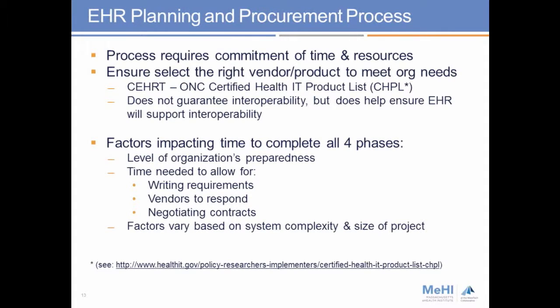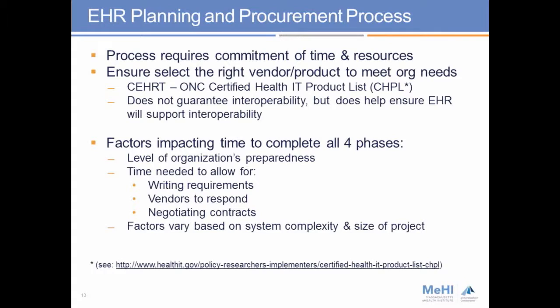Planning and procurement of EHRs is a process that requires commitment of time and resources. You want to ensure that you select the right vendor and the right product to meet the needs of your organization. This includes procuring a certified EHR technology, or CEHRT.